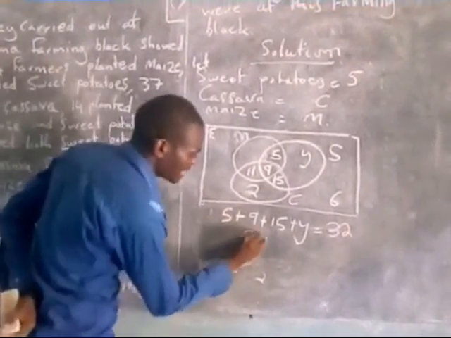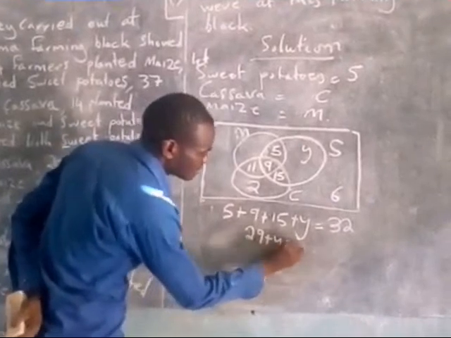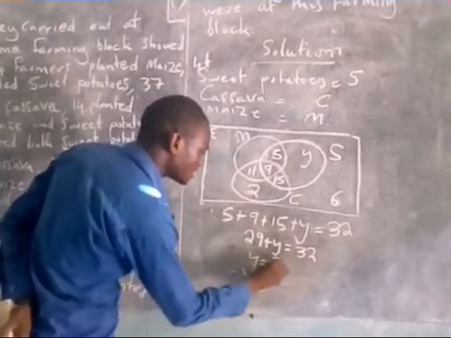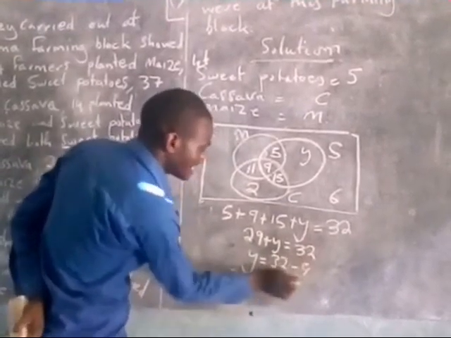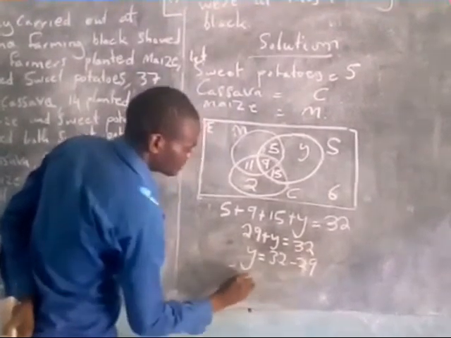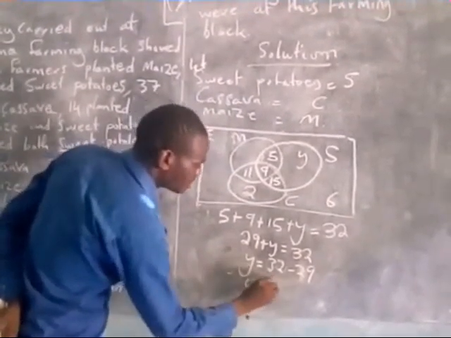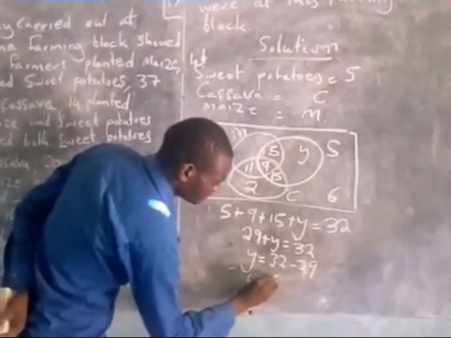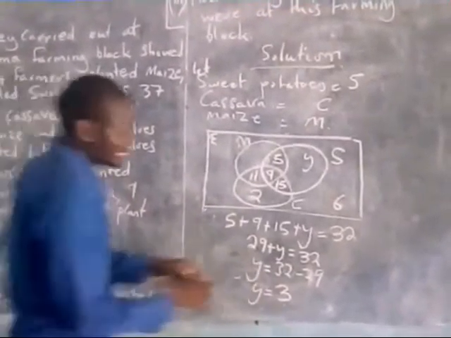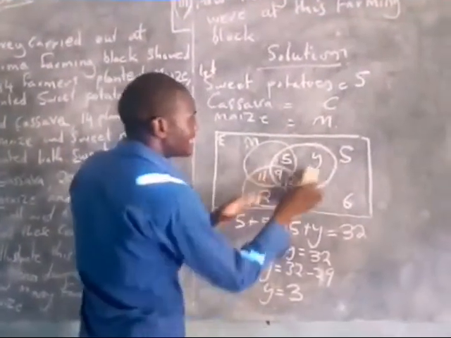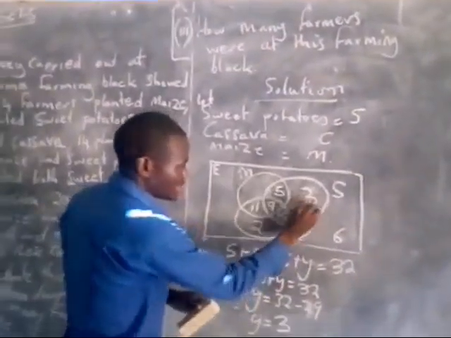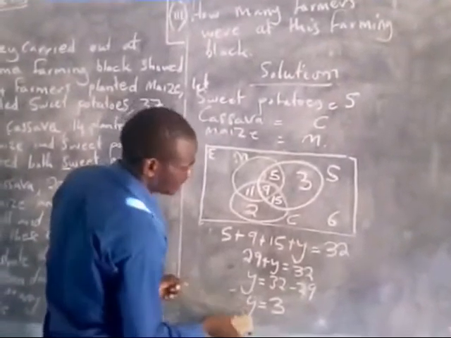So we have 29 plus y is equal to 32. So what is y? y is equal to 32 minus 29. So y is equal to 3. y is equal to 3. So it means that we substitute and put a 3 here. Okay? A 3.